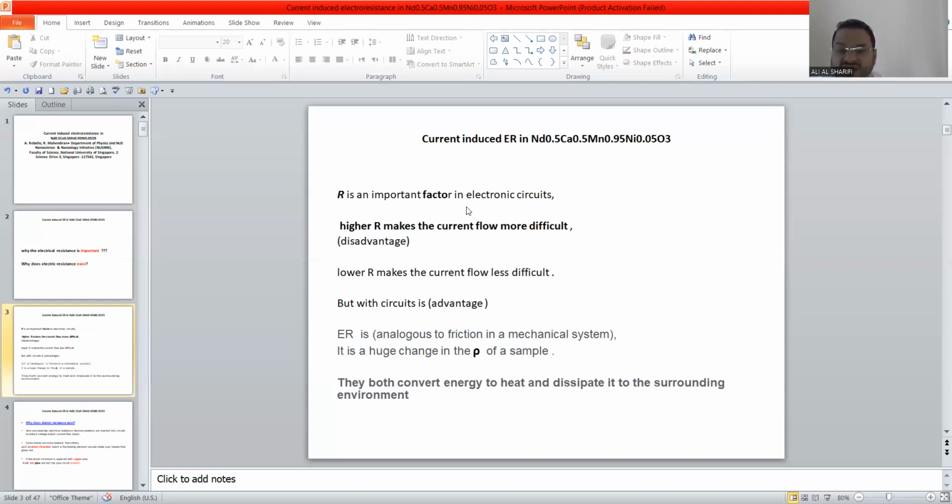Electric resistance, like we know, is a huge change in the resistivity of a sample. And at the same time, it's analogous to friction in a mechanical system. They both, electric resistance and resistivity, convert energy to heat and dissipate it to the surrounding environment.